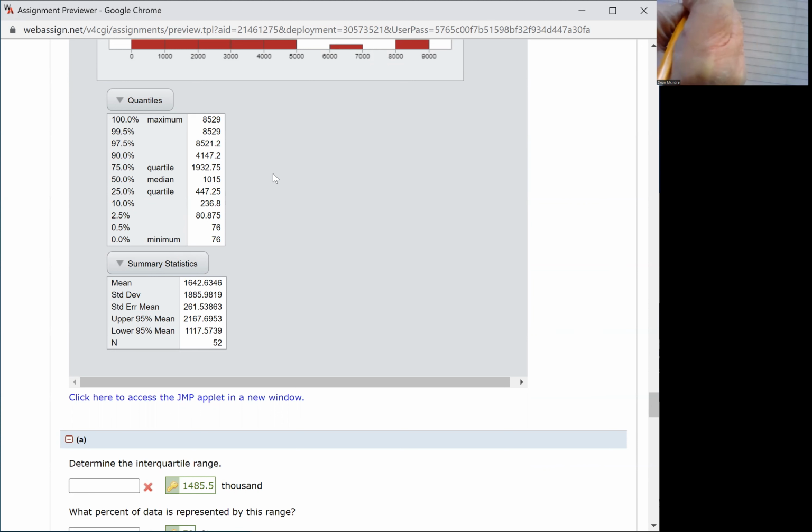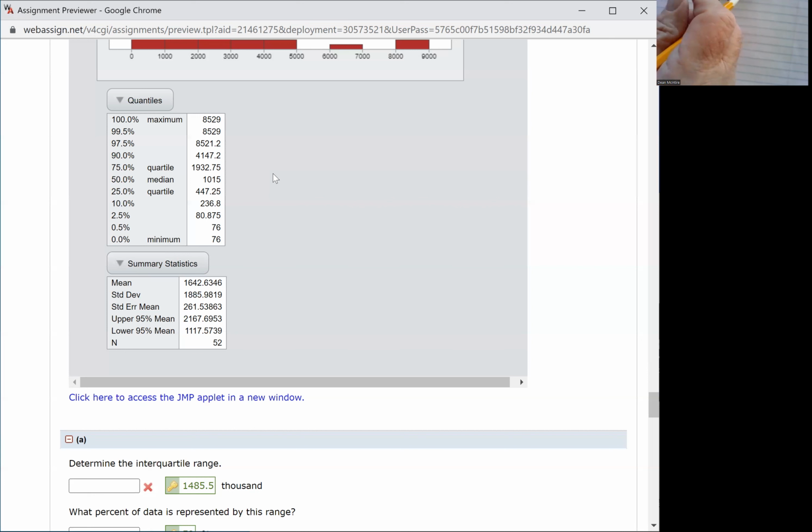Q3 is given to be 1932.75. Okay, and we need also Q1, which is the 25th percentile. Q1 is equal to 447.25.